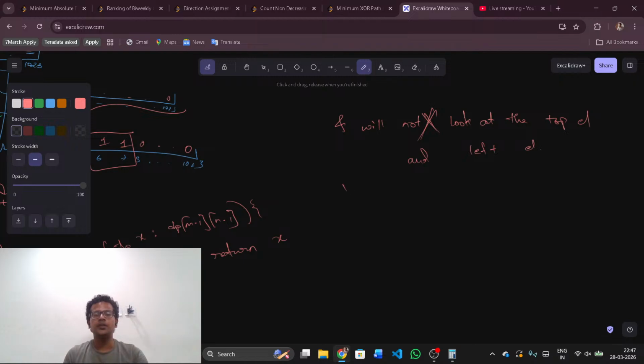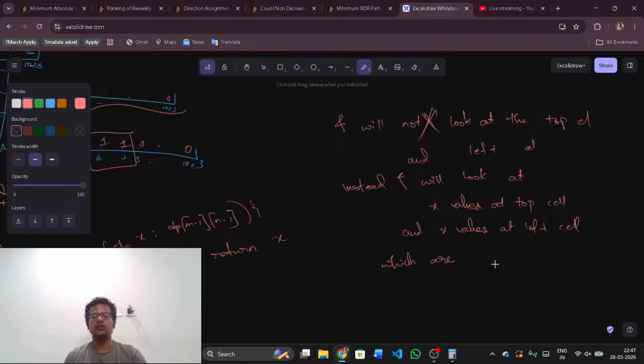Instead, I will look at x values at the top cell and x values at the left cell which are true.